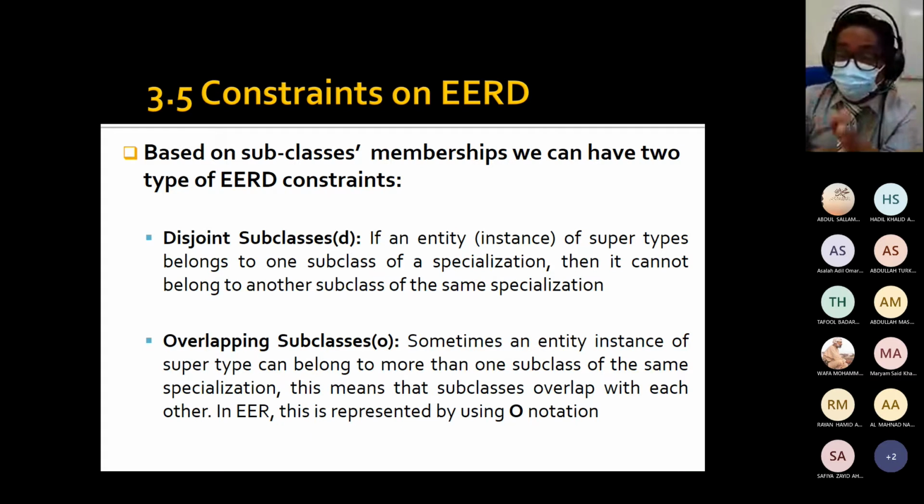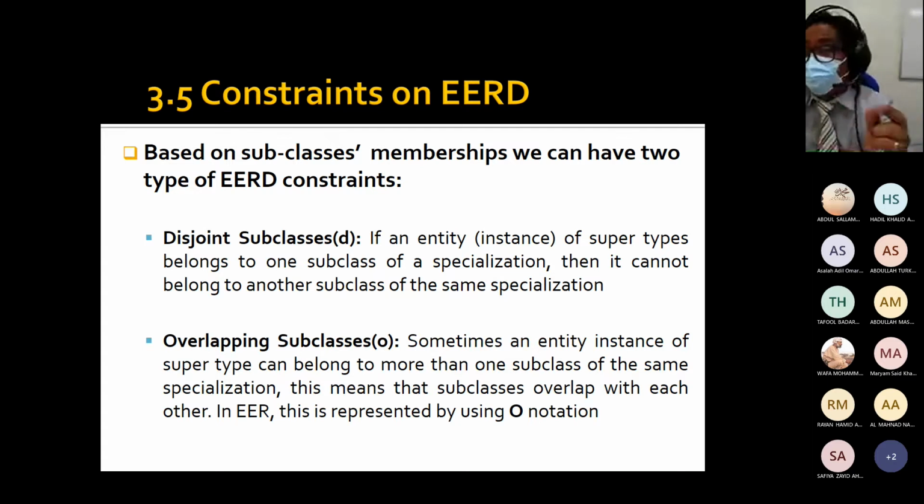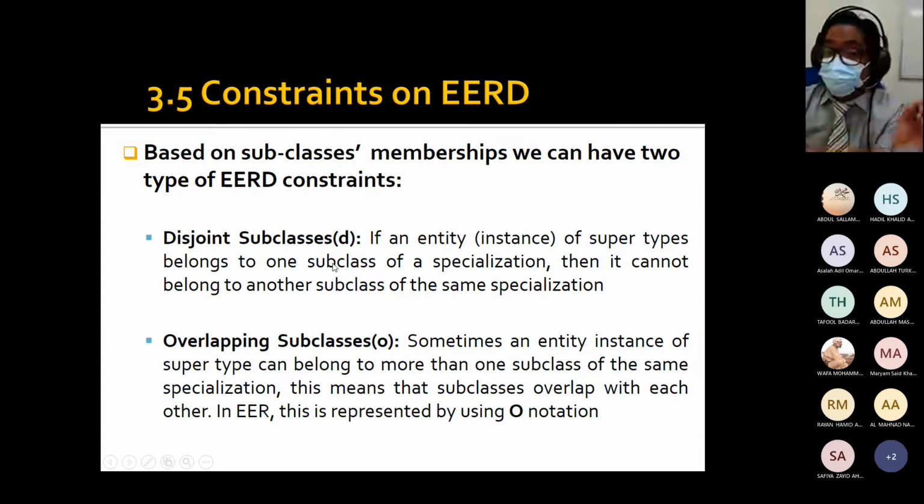When it comes to EERD, we can also show that in a kind of symbol or node: if you have a D, you have disjoint subclasses, and the other one is overlapping. What are these two different EERD constraints?